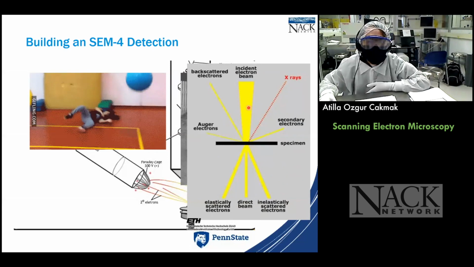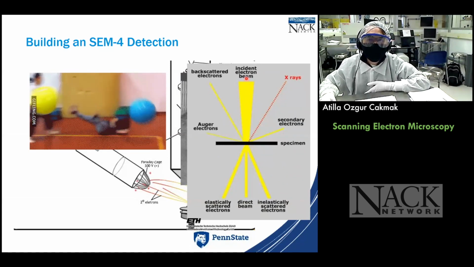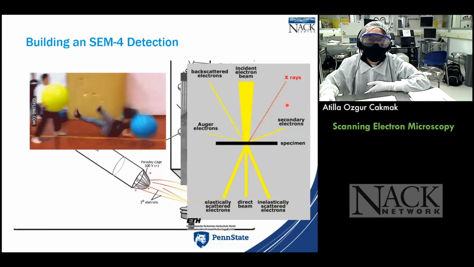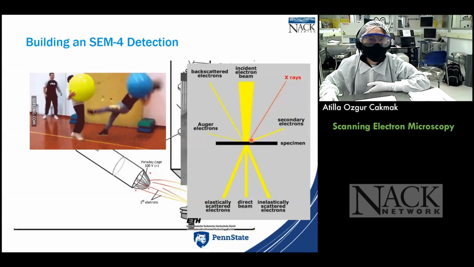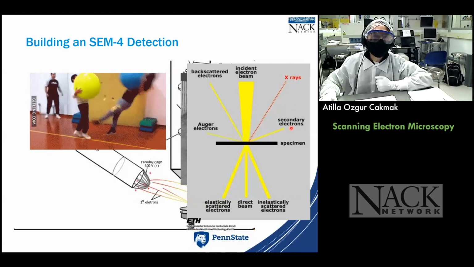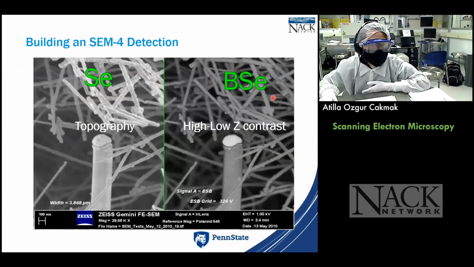But to put it in a more real sense, we will get our incident beam. We will have all these other forms of energy that are going to be released out of the interaction with the sample. In this workshop, we'll not go into the physics or the discussions of these, but we will make use of them because when we do nanocharacterization, we do not just see the samples.